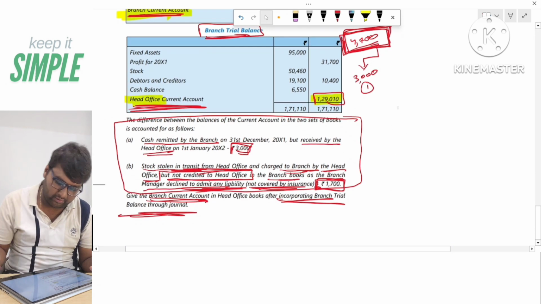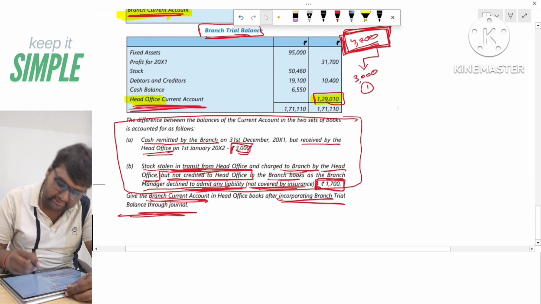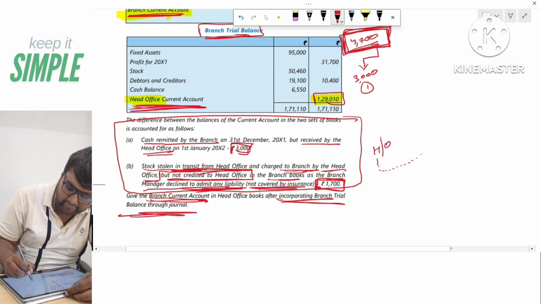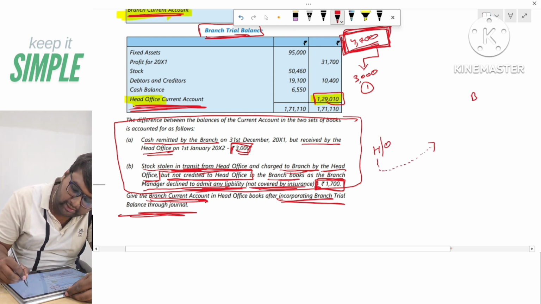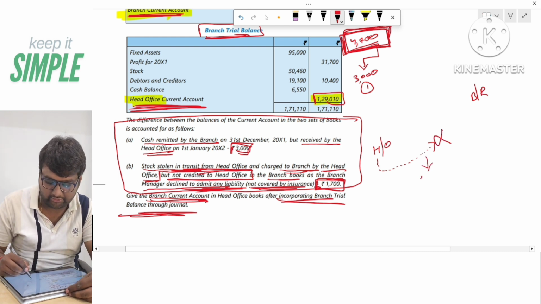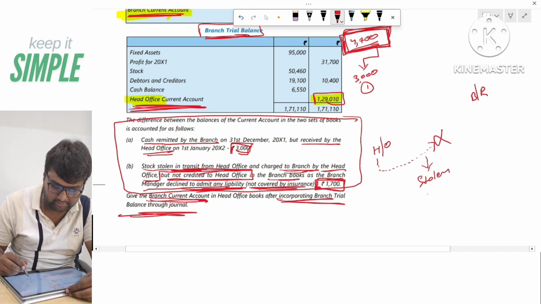What the question is saying is that head office sent goods to the branch, but the branch didn't receive them and they were stolen while in transit.